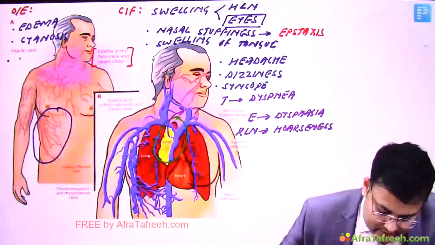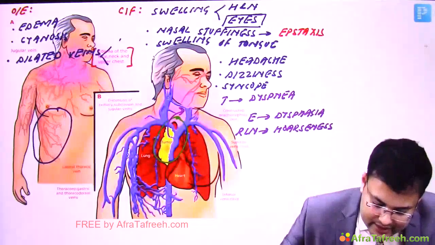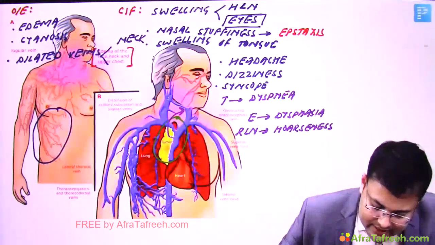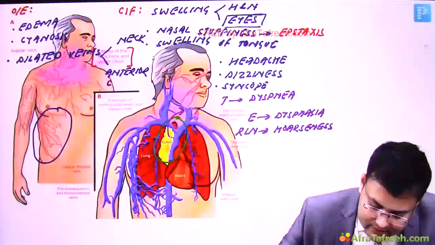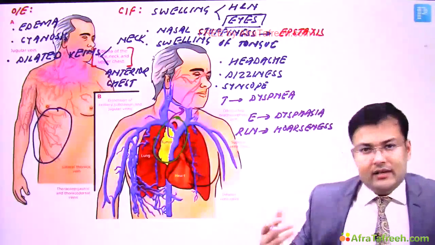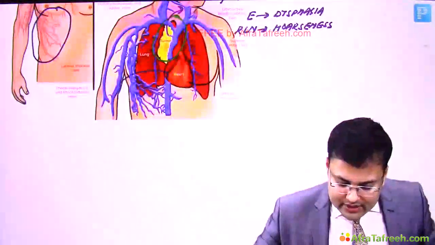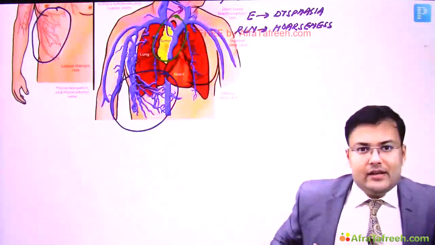So there are dilated veins in the neck and anterior chest. Clear? Why? Because there is formation of venous collaterals between superior vena cava and inferior vena cava. Clear? So here you are going to notice the dilated veins over anterior chest wall.